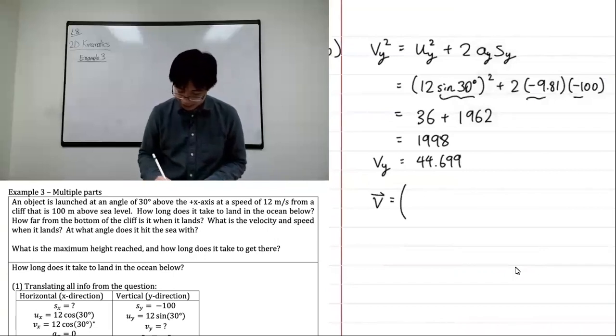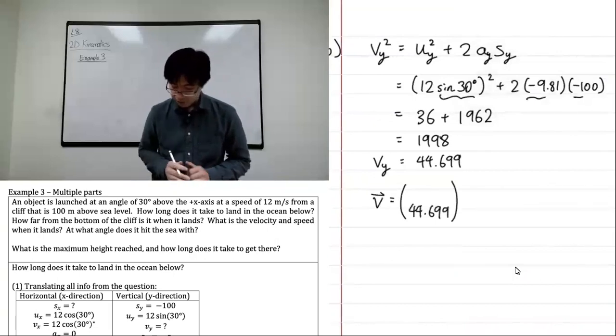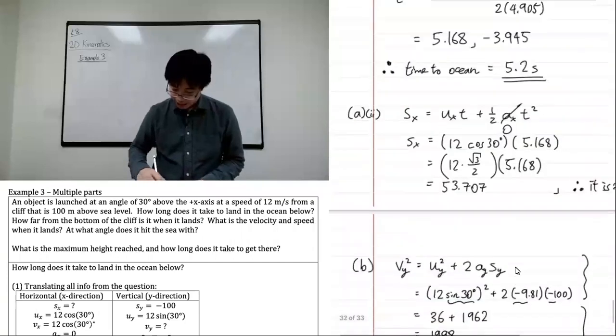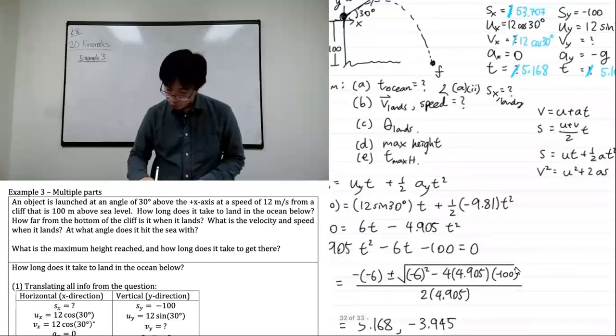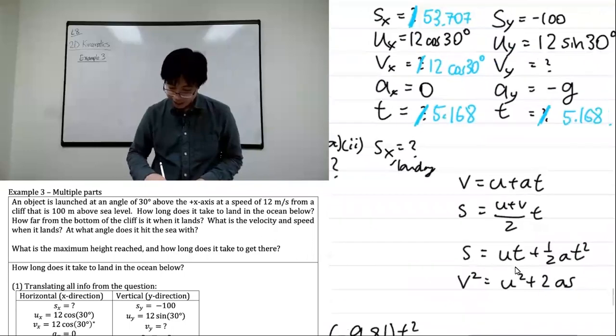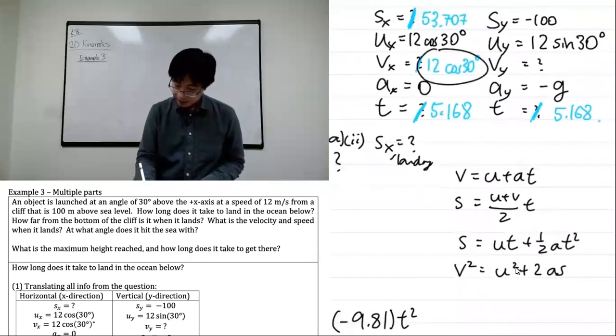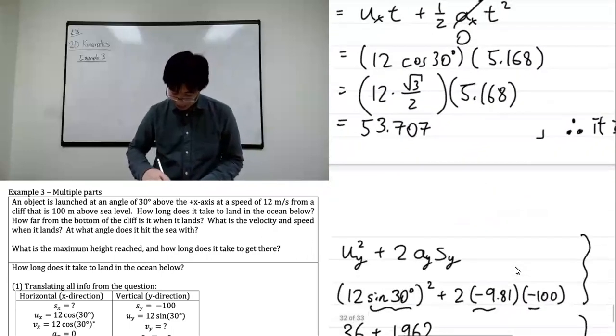So the velocity is 44.699 in the y direction. And also, what was it in the x direction? It's 12 cosine 30 degrees, over here. So let's put that there as well.